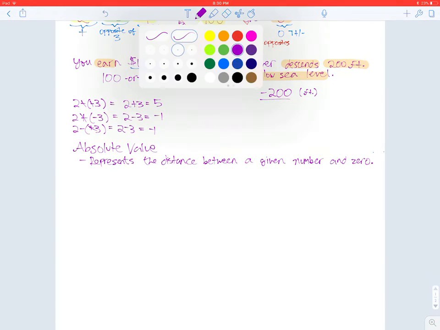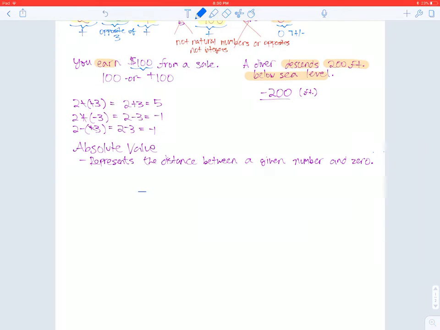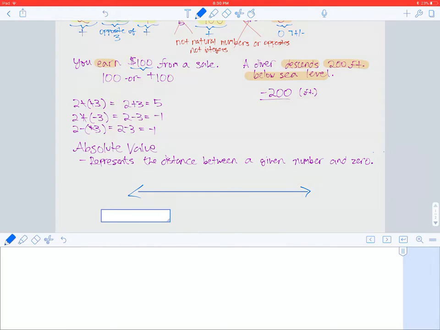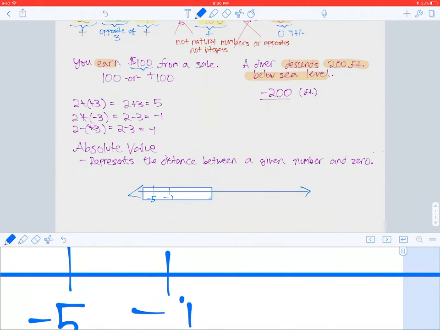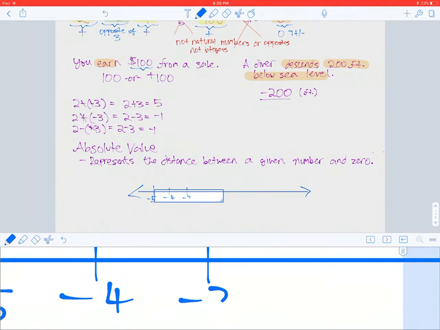Let's say we have a number line, okay? And this number line goes from, let's just say that this point right here is -5. So let's just make some increments here.